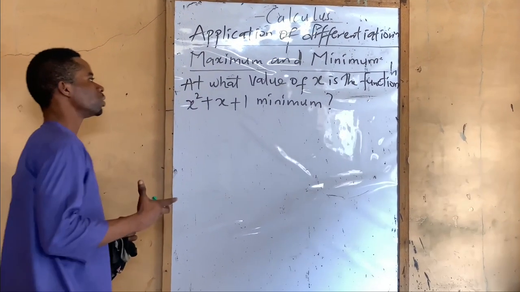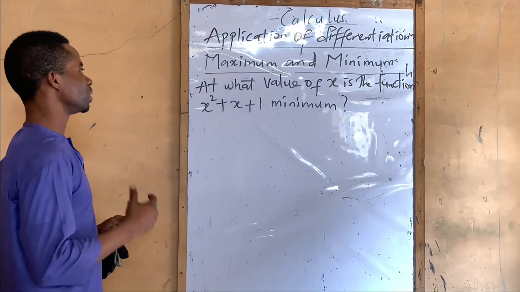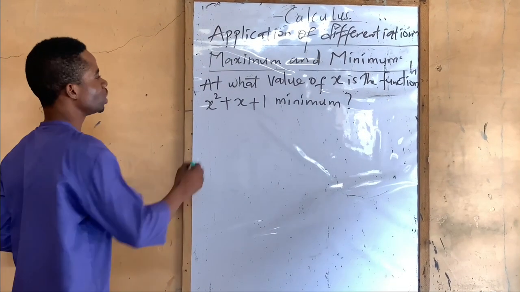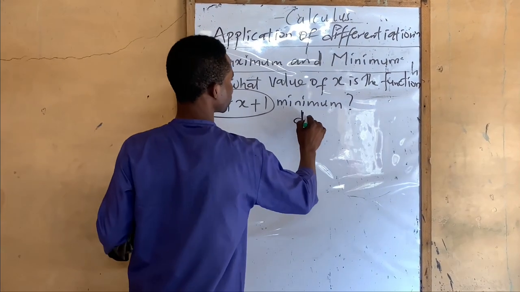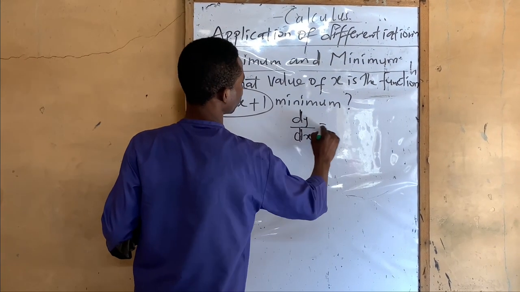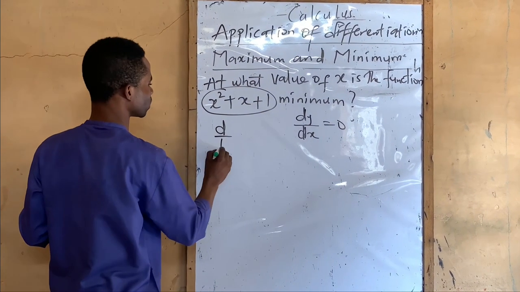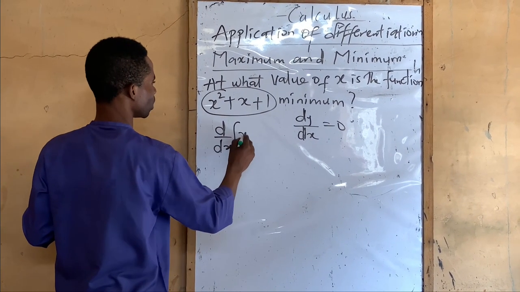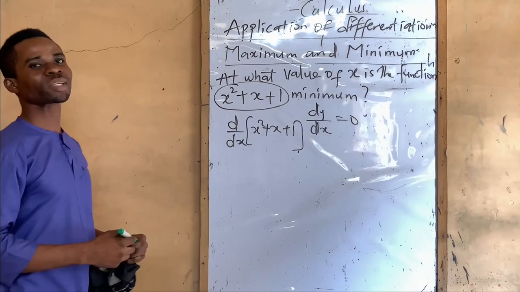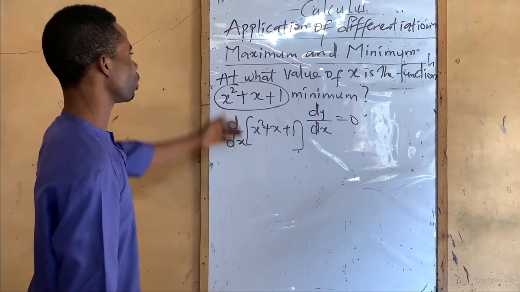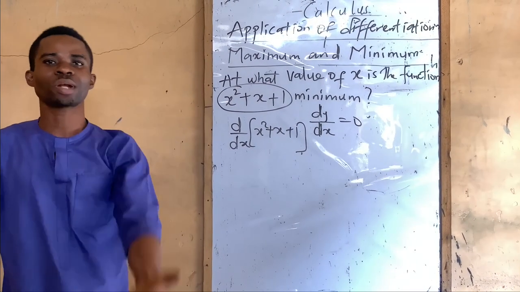Now when you hear the word minimum or maximum, like I told you, it is under the turning point. That means the first thing you do is set dy dx equal to 0. Now let's find the derivative of this. When you differentiate x squared plus x plus 1, you might be asking me that for the minimum and maximum, we are going to do the second derivative.